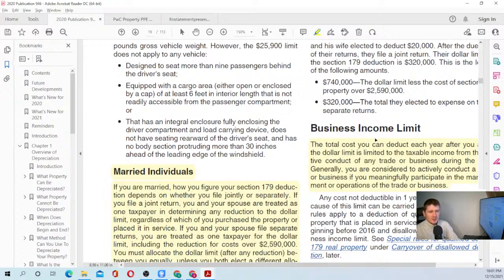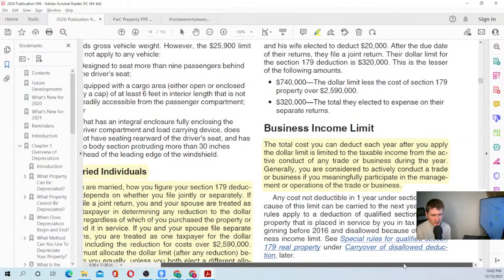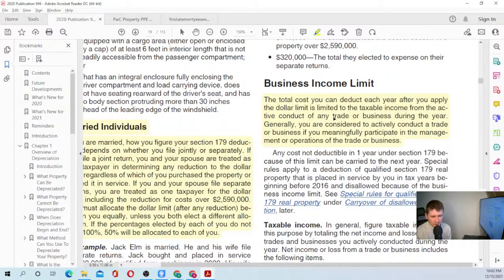Business income limit. So you cannot deduct the total cost. You can deduct each year after you apply the dollar limit, limited to the taxable income from the active conduct of any trade or business during the year. Generally, you are considered to actively conduct a trade or business if you meaningfully participate in the management of operations of the trade or business.